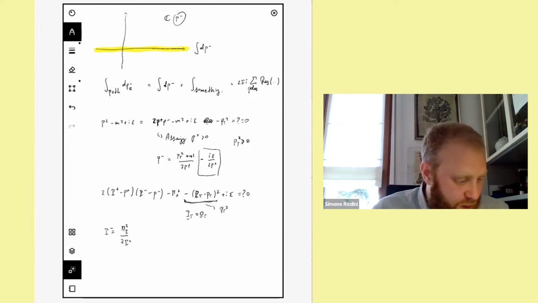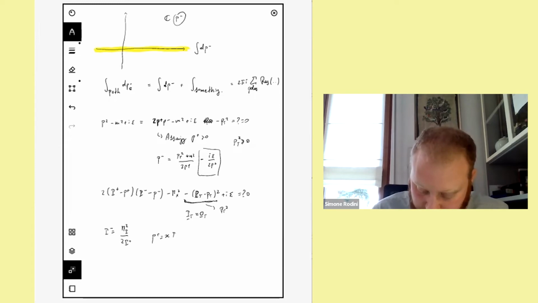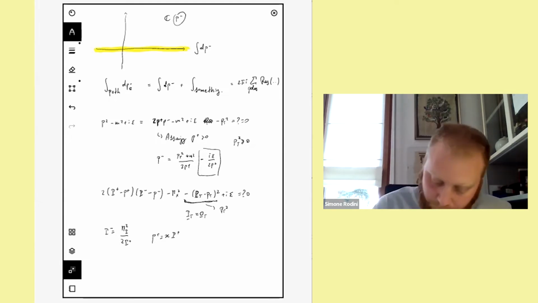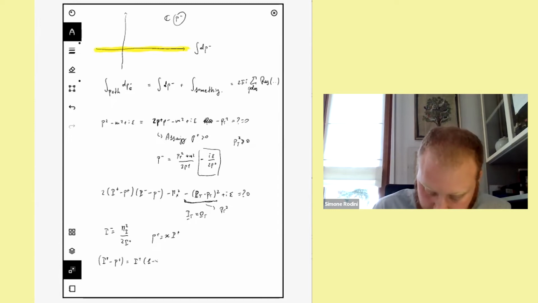Since you want to connect with TMD physics, small p plus is nothing else than some x times capital P plus. So if you take everything into consideration, this capital P plus minus small p plus is nothing else than capital P plus times 1 minus x.